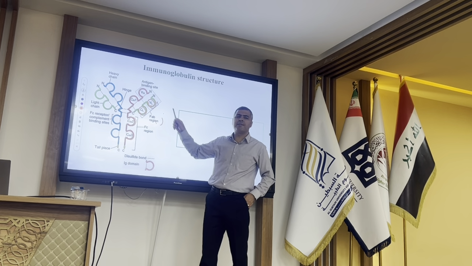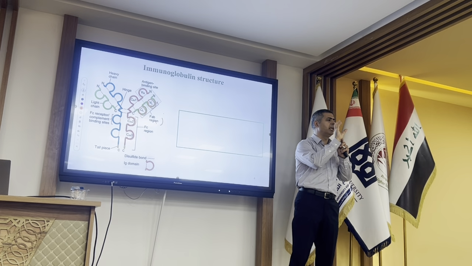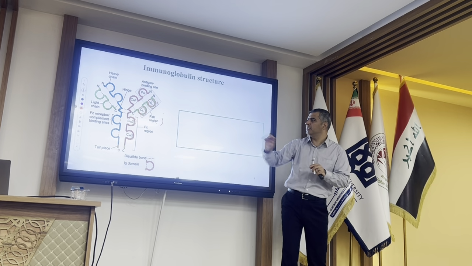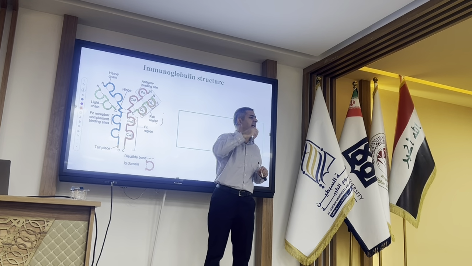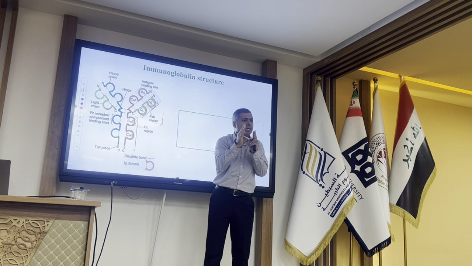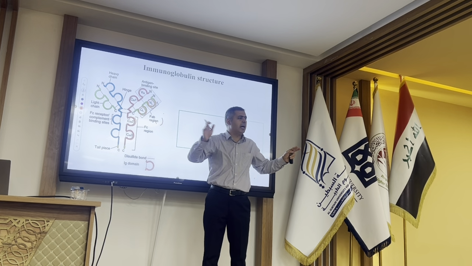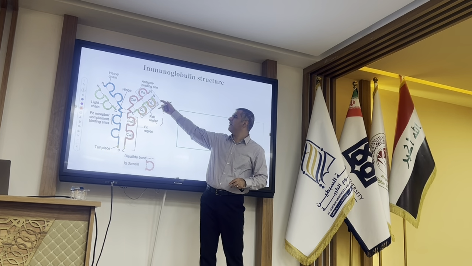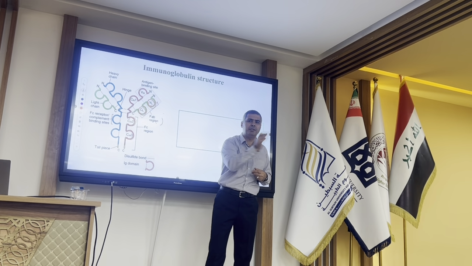This one is called variable because it's the site that binds to the antigen, and in different antigens it would be different because it should bind to different antigens. It's variable against different antigens. When we have many antibodies, indeed their variable region is different from each other, so that they can bind to different antigens.